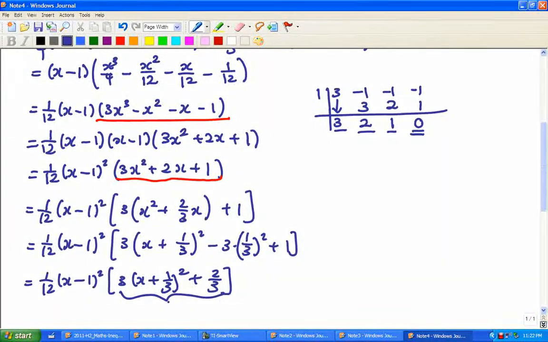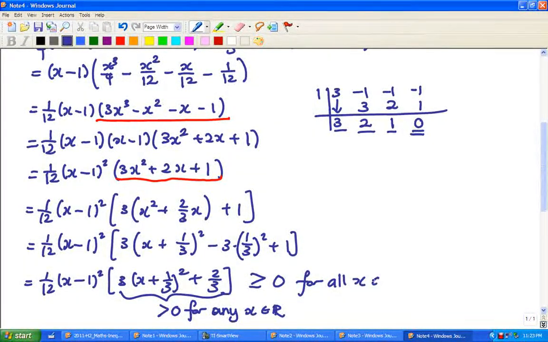So this part here is greater than 0 for any real value of x. We can finally conclude that this expression must be greater or equal to 0 for all x in R. Although we have greater than 0 in this part of the quadratic expression, we can only go as far as saying that it's greater or equal to 0, because x minus 1 squared can still be 0. This part here can be equal to 0, and it happens when x equals 1.